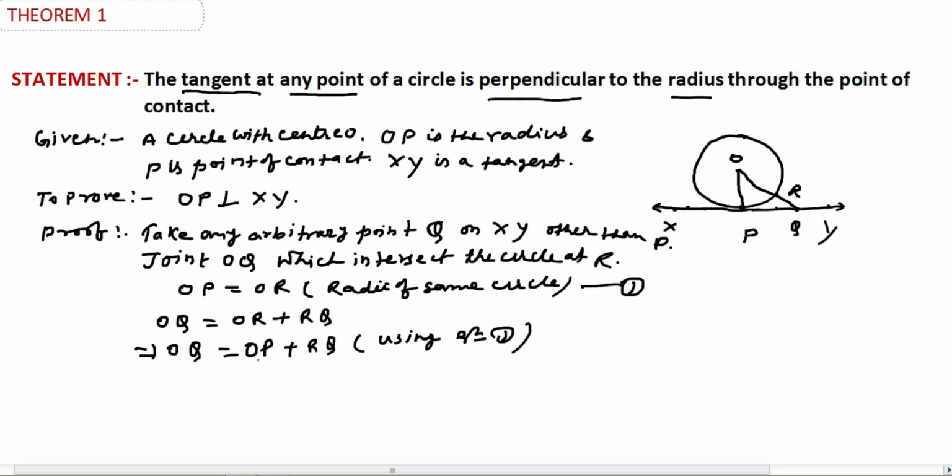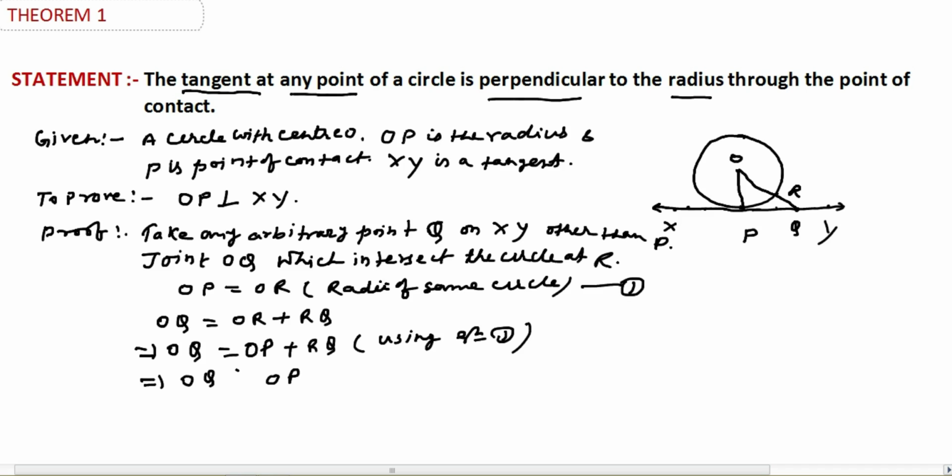Now see the things here. LHS is OQ and RHS is OP plus RQ, and both are equal. If from one of the sides we remove something, that part will become smaller. Suppose we remove RQ from the RHS, then the left side will remain OQ and the right side will remain OP. But since RQ is not 0, OP will be less than OQ.